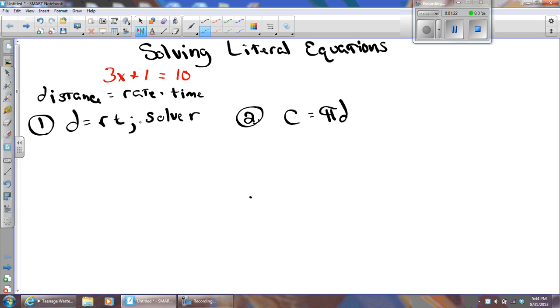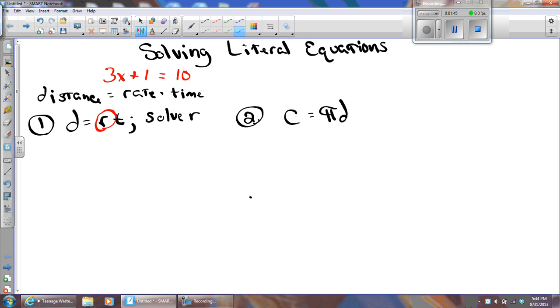Okay, so we're going to solve for r in this problem. I'm going to circle r, it's my variable, and I'm going to treat the t and the d as constants. They're not variables in this case. So what's our goal? To get the r alone.